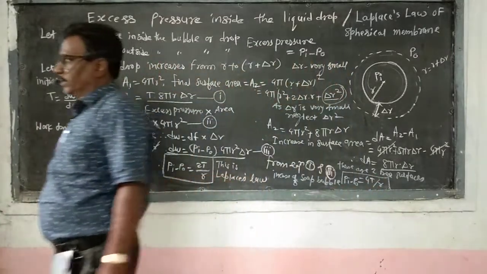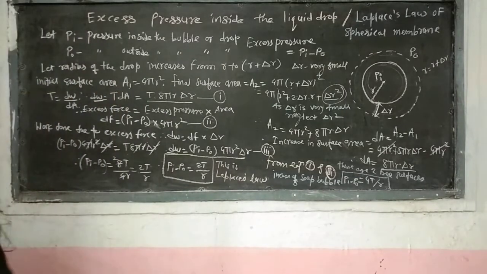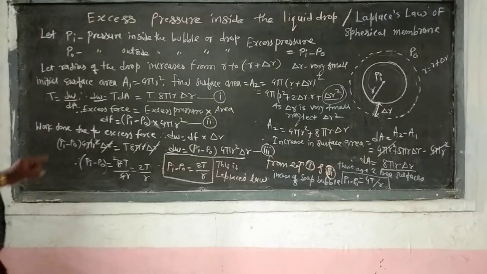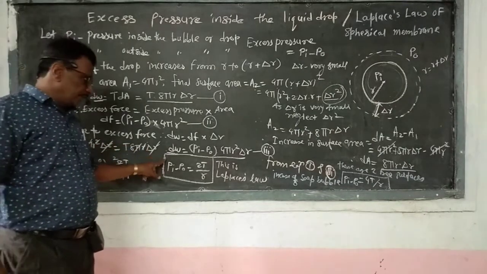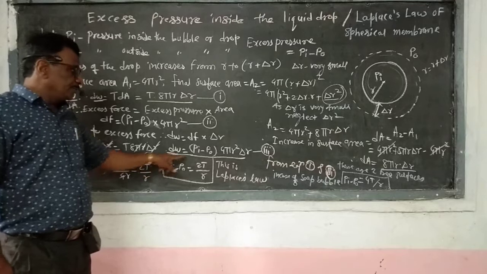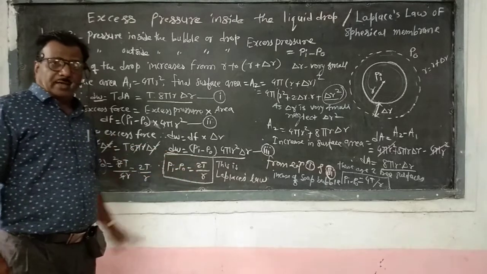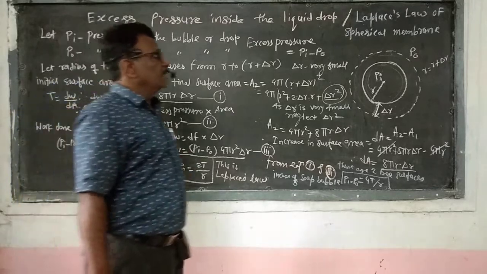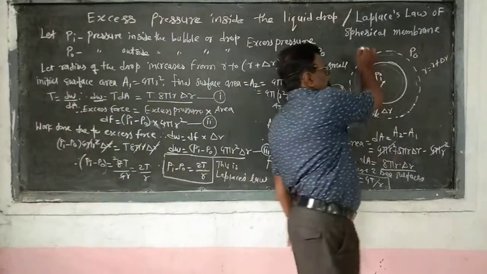This equation is used for the excess pressure of a soap bubble, and for a liquid drop we get Pi minus P0 equal to 2T upon r. So these are two equations, and this is known as Laplace law of spherical membrane.